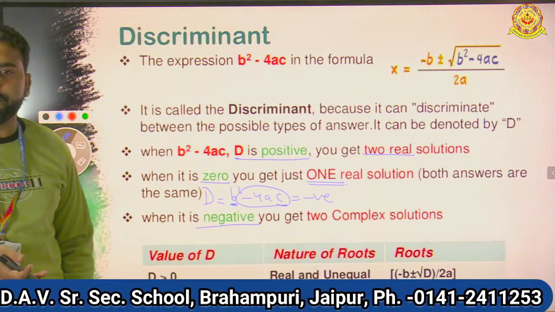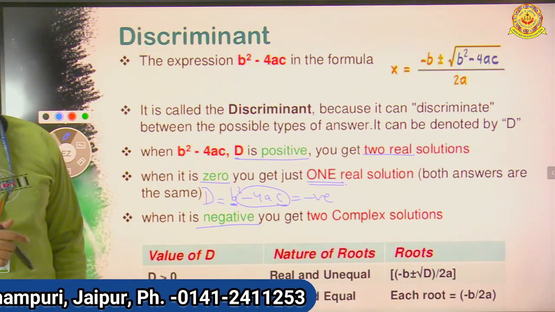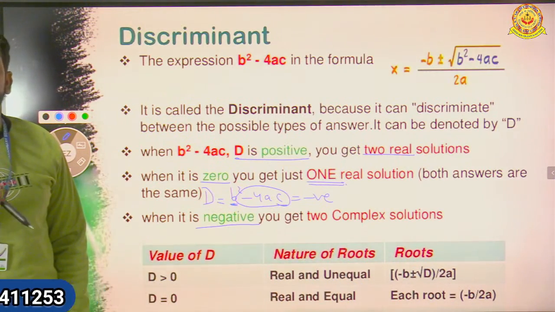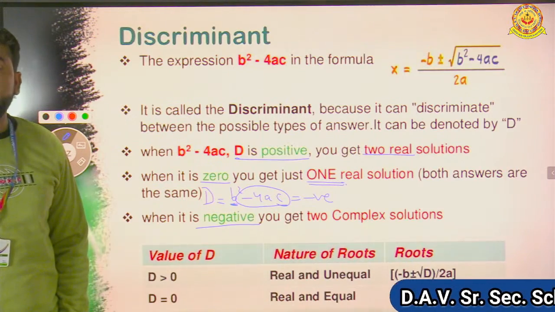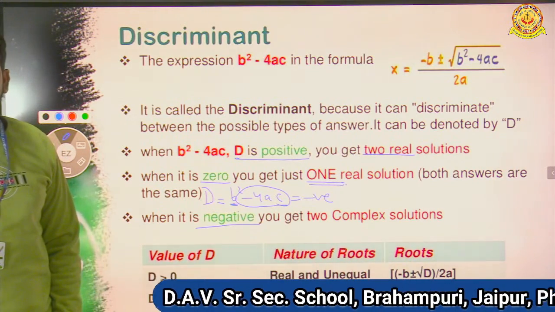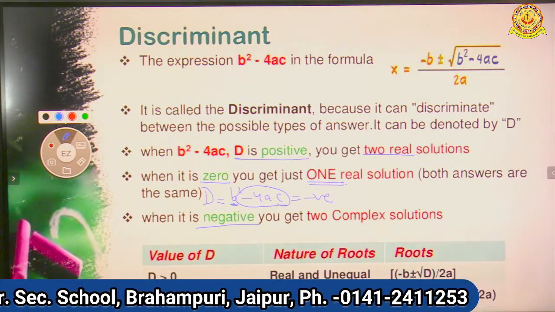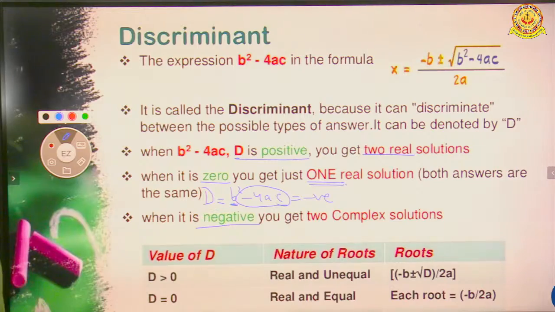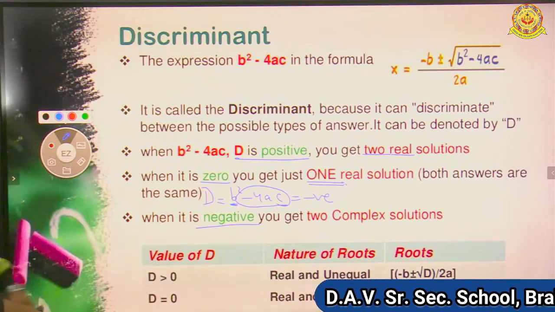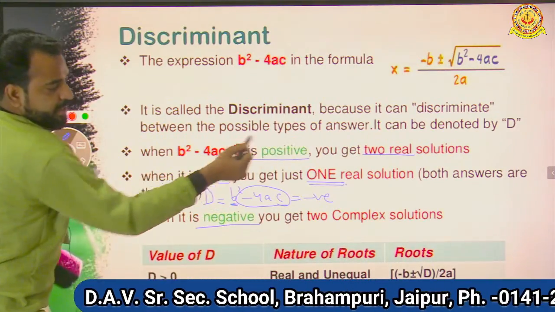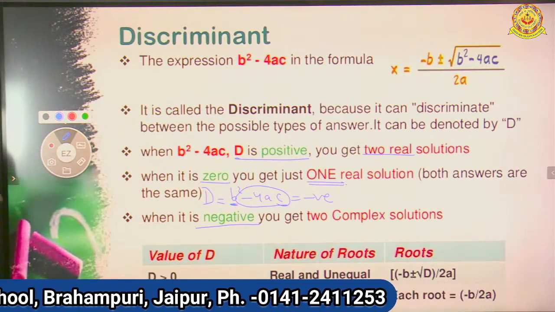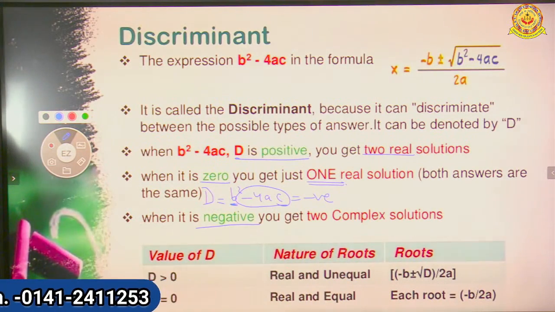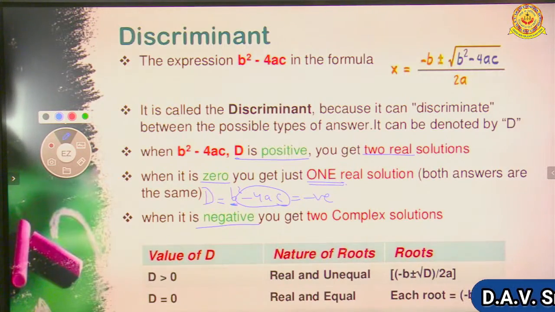So in that situation no real root will be there. Only imaginary roots exist. We can find them, but they will be only imaginary, which is very complex, square roots of negative ones. So real roots are only possible when D is positive or D is 0. But if D is negative, then no real roots are possible. Is it clear?